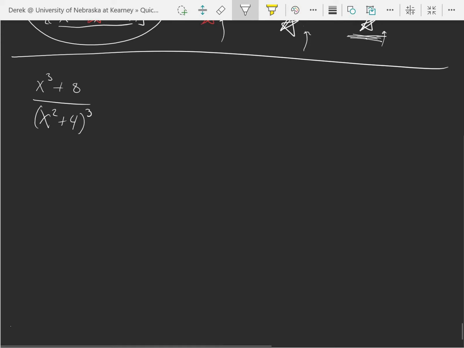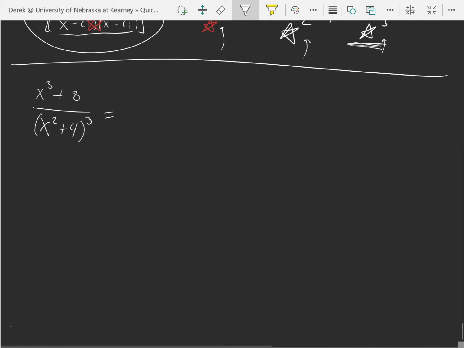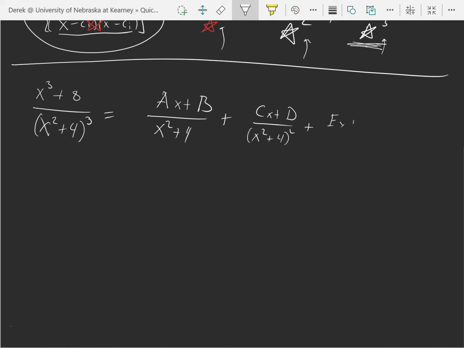Let's see how this is going to work for us. Proper fraction decomposition form, I should have ax plus b divided by x squared plus 4, plus cx plus d over x squared plus 4 squared, and then ex plus f over x squared plus 4 cubed. Okay.